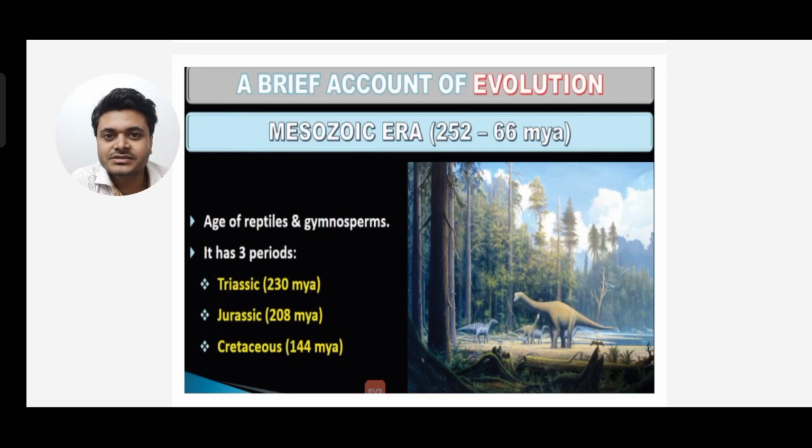Triassic originated 230 million years ago, Jurassic 208 million years ago, and Cretaceous 144 million years ago. So these names you have to memorize in serial order. You should not do it in a haphazard order, because the years are necessary.